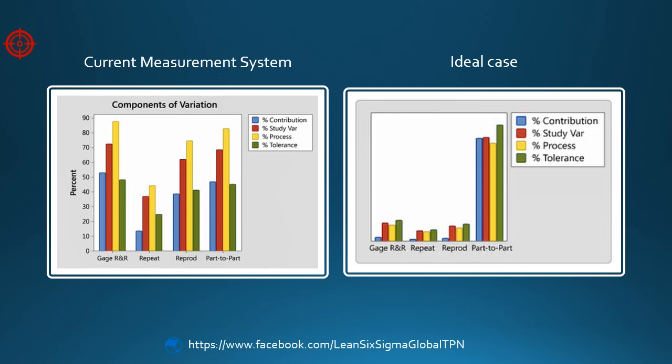Because there is too much variation in the PCBA viewer measurement system, it is difficult to detect real differences among circuit boards. Ideally, the measurement system would be able to detect these differences, and most of the variation would result from real differences among parts.